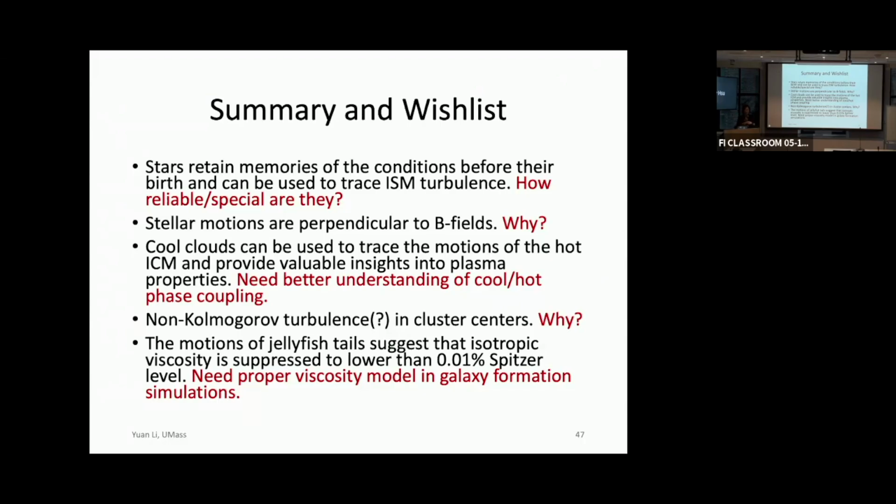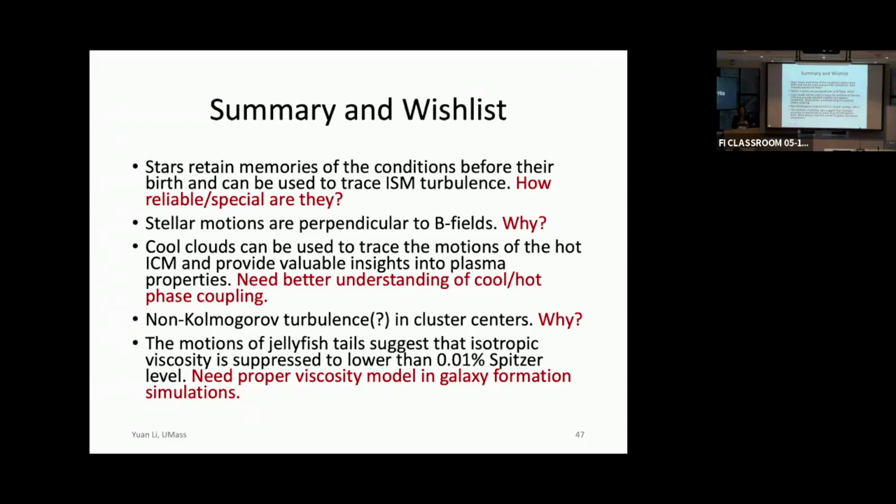We detected non-Kolmogorov turbulence in cluster centers, and it has important implications for how AGN feedback operates. But people don't agree on how to explain the non-Kolmogorov turbulence we detect.